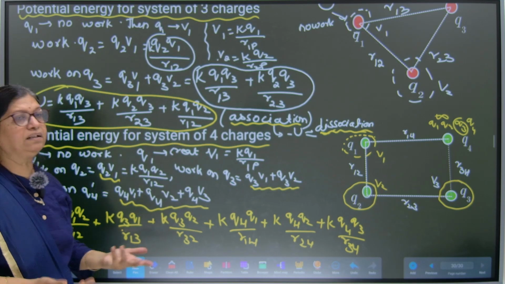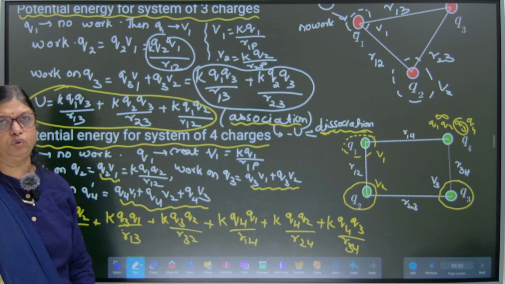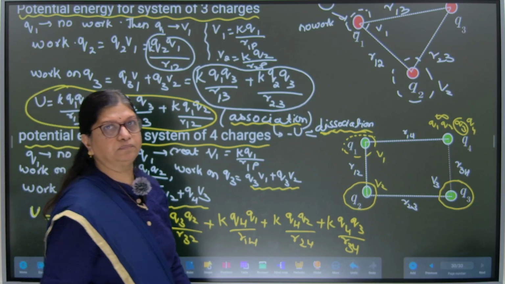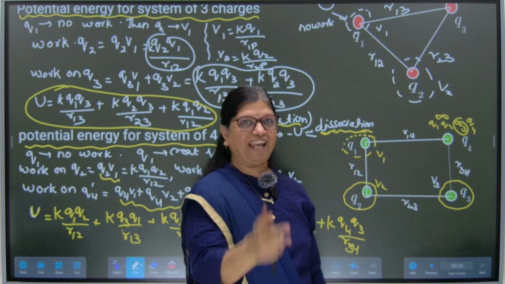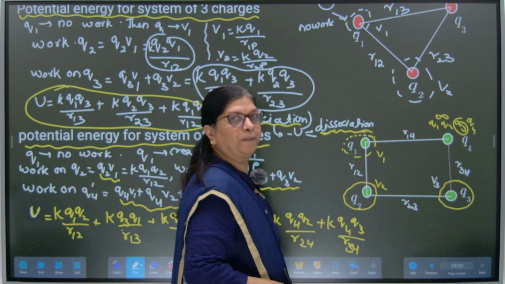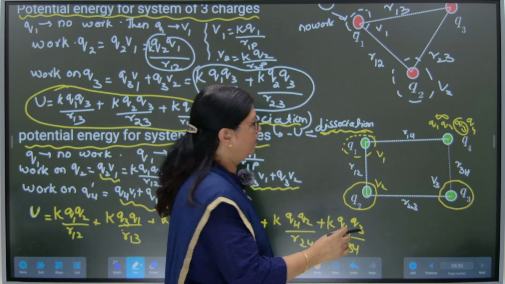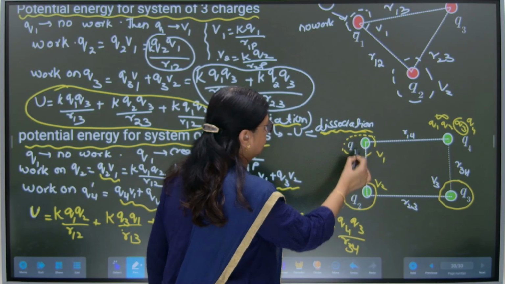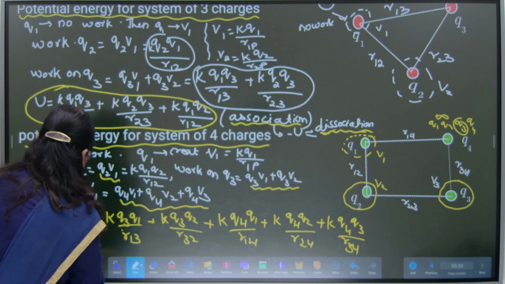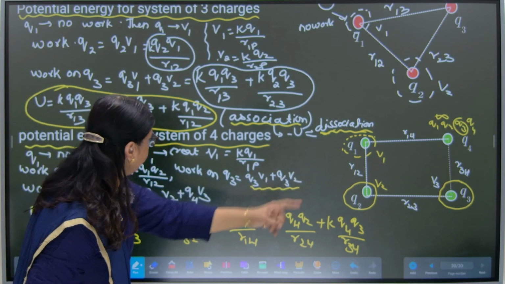Okay. Now to make this easier, how will you remember 1, 2, 2, 3, 3, 4? That is a confusion. So you go to the diagram. Diagram is always your friend in physics. So go to the diagram. Whom will you first go to? We will find 1, 1. Now you go to this combination 1, 2. 1, 2, ready. 2, 3.